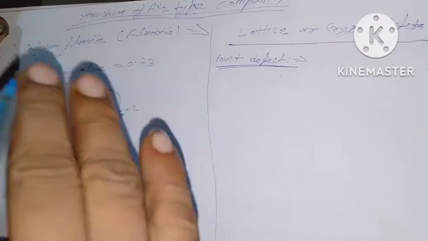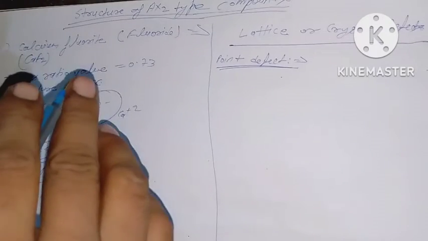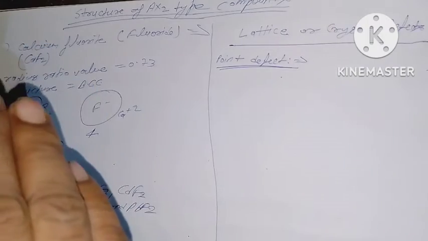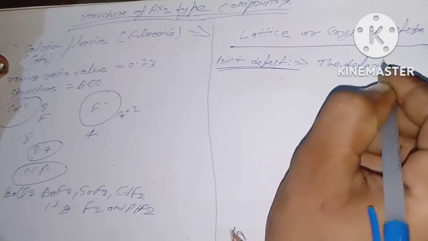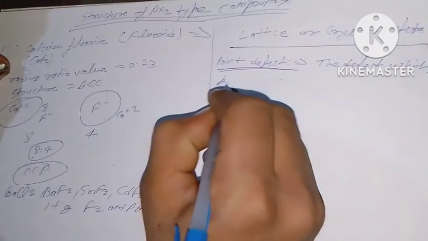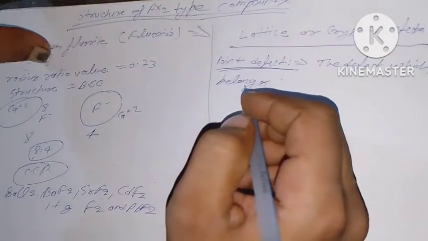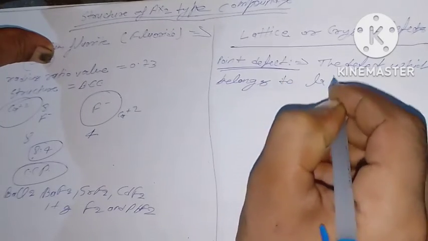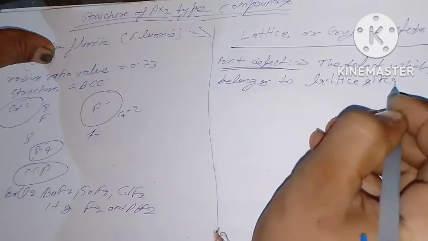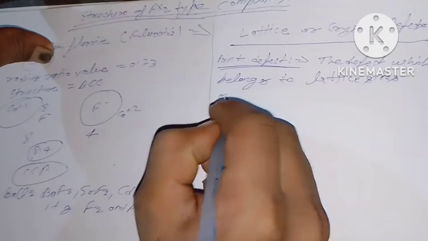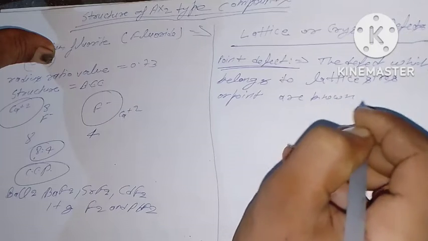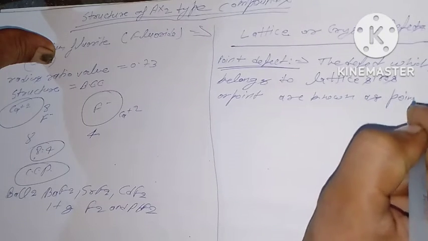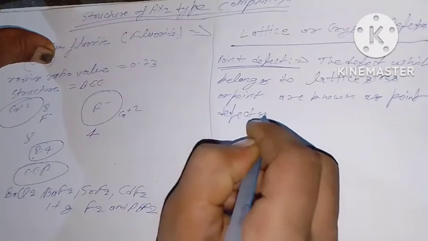The defects which belong to lattice sites or points are known as point defects.